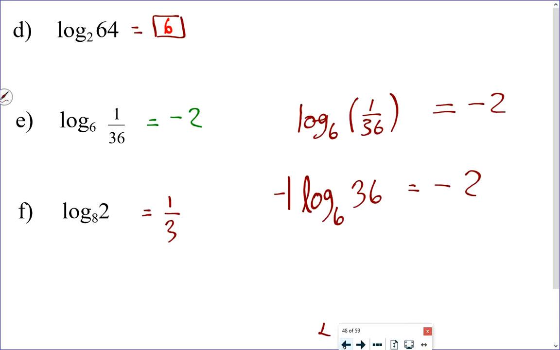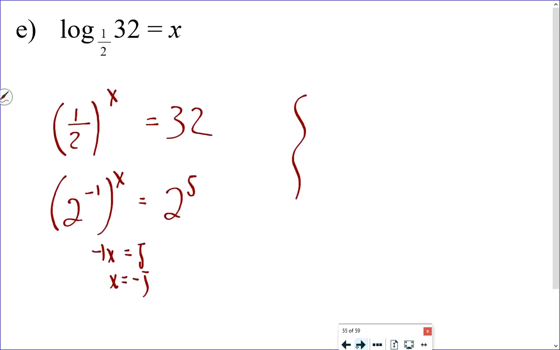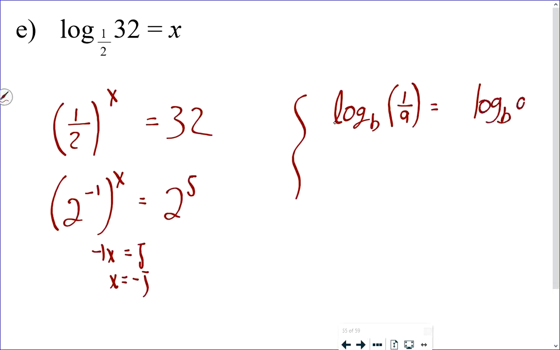Okay. So one of the little extra rules I've given you is that if I have log base b of, say, 1/a, it's the same as log base b of a if you multiply it by a -1. The same is true if you flip the base over.